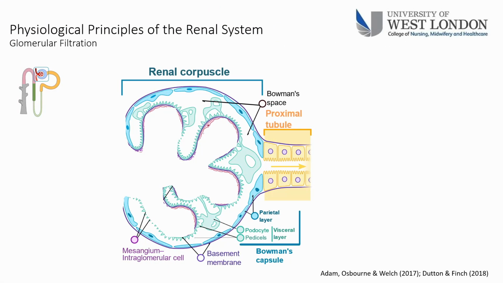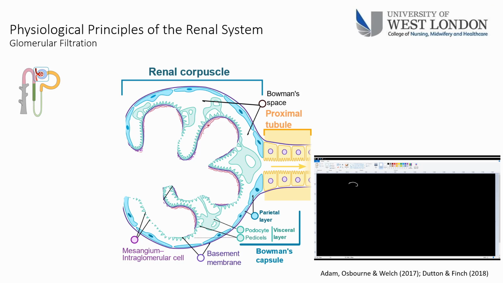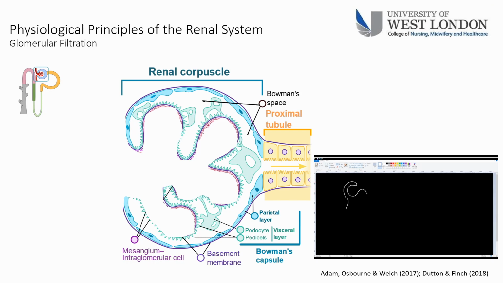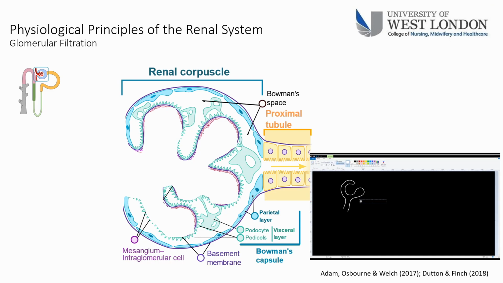We will now be looking at 3 principles of the renal system. The first principle we'll be tackling is the glomerular filtration. As you can see, this is the Bowman's capsule, or the renal corpuscle.